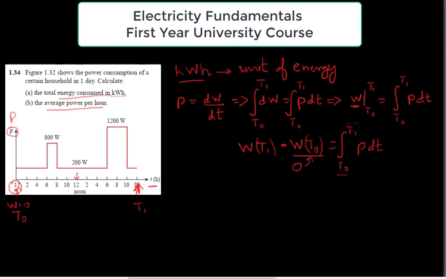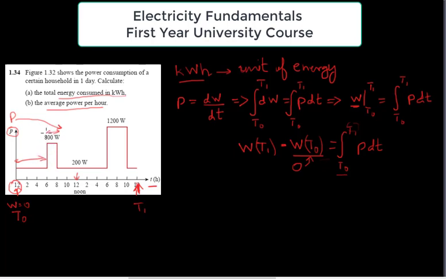Now, I must clarify one thing, that if you are going to apply this integration formula you must be careful because the function P is presented in this segment, and it's different.